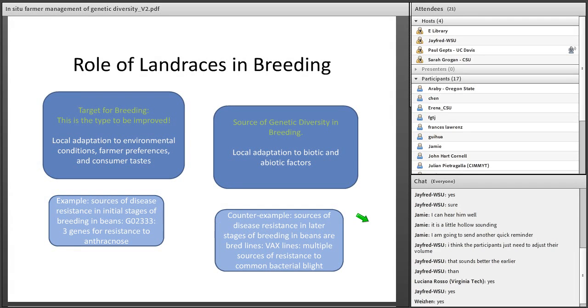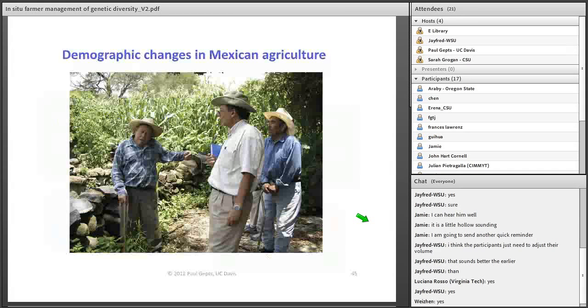The reproduction system is very diverse. Runner bean, for example, is almost obligatorily outcrossing by presence of bumblebees and hummingbirds, whereas tepary bean, at the other extreme, is cleistogamous.